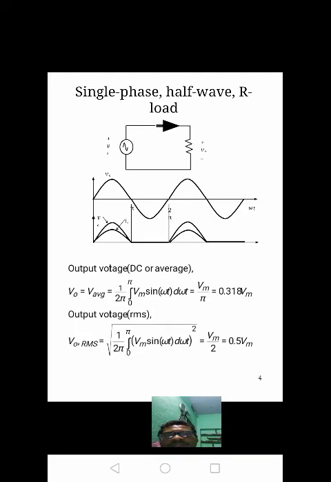Output voltage RMS, V naught RMS, is equal to square root of 1 by 2 pi integral over 0 to pi of (Vm sin omega t) whole squared d omega t, that is equal to Vm by 2. It is also represented as 0.5 Vm. Average output voltage is 0.318 Vm. RMS value is 0.5 Vm for the half wave rectifier.